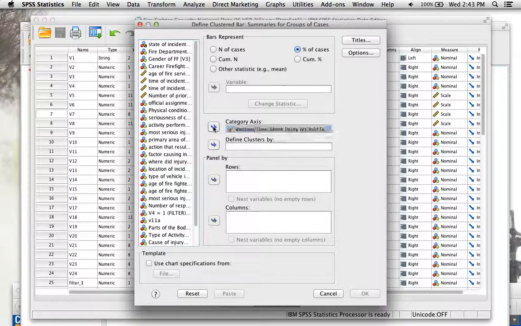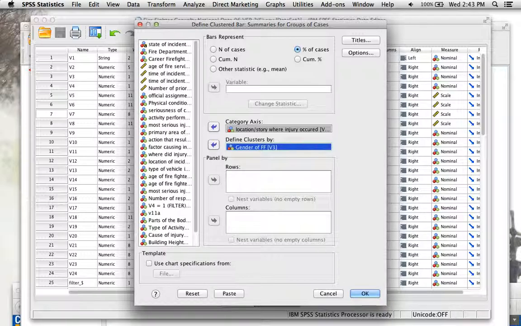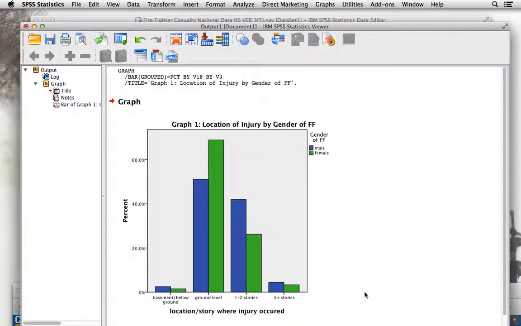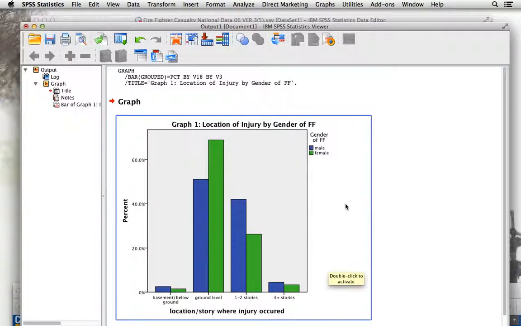So I'm going to bring that in, and then the clusters, that is going to be gender, because I'm going to want my frequency of where the injury occurred. In other words, what percentage of firefighters were injured somewhere in the building? Where did it occur by gender? So I would bring in gender. And so if you click OK, this is the graph that you would get.